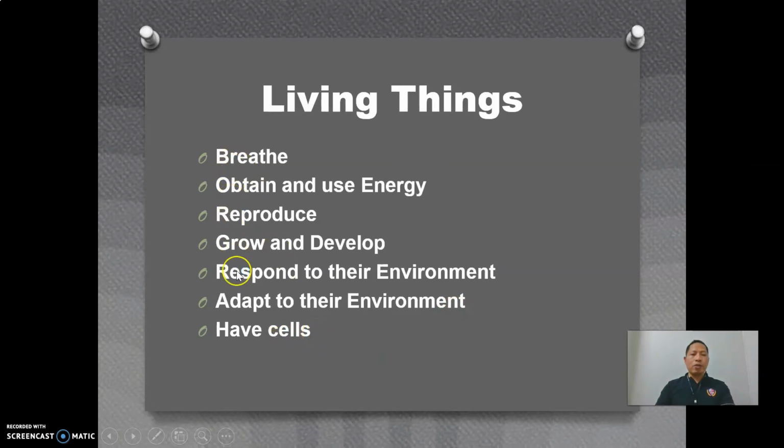These are the seven characteristics that we can call living things: they can breathe, use energy, reproduce, grow and develop, respond to their environment, adapt to their environment, and have cells.